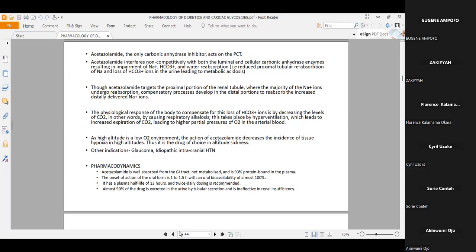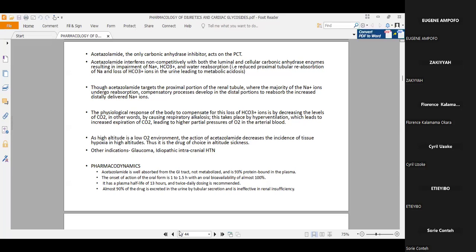Because high altitude is a low oxygen environment, the action of acetazolamide decreases the incidence of tissue hypoxia in high altitudes, and therefore it is the drug of choice for altitude sickness. Other indications for acetazolamide are glaucoma, and treatment of idiopathic intracranial hypertension.